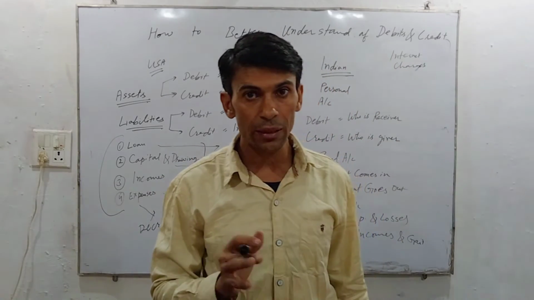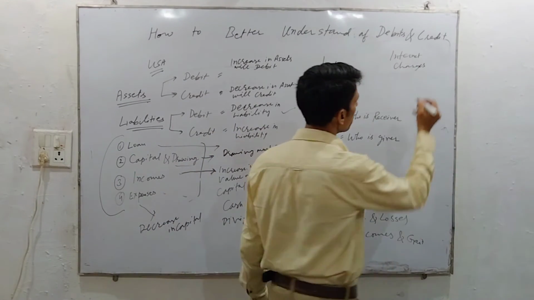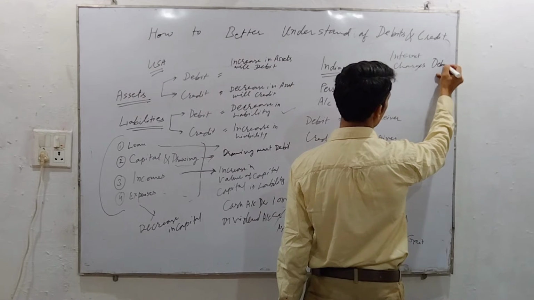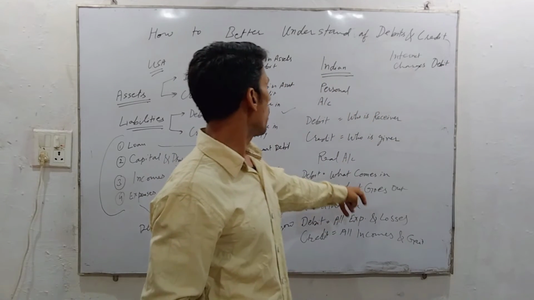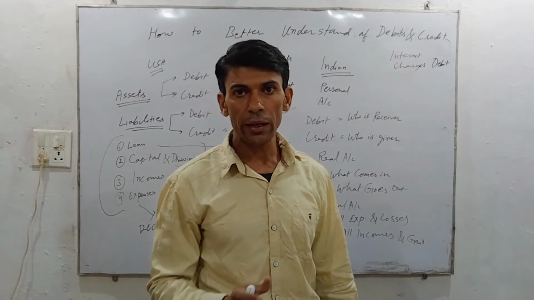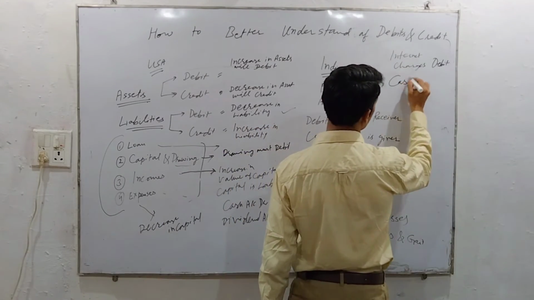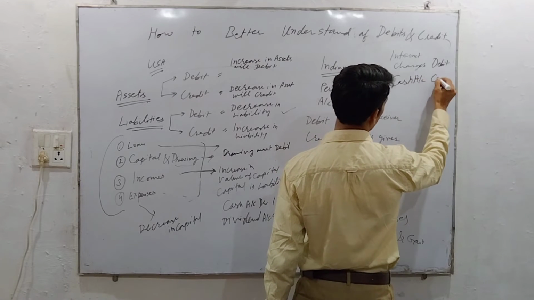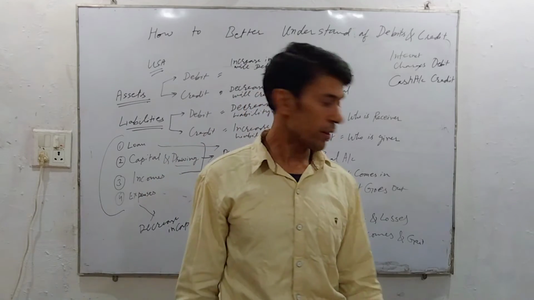It is our business expense, and all expenses and losses are debit, so it will be debit. And the next rule will apply: what goes out? Our cash, our current asset, goes out, so cash account credit.